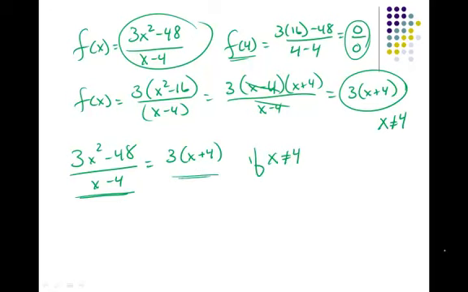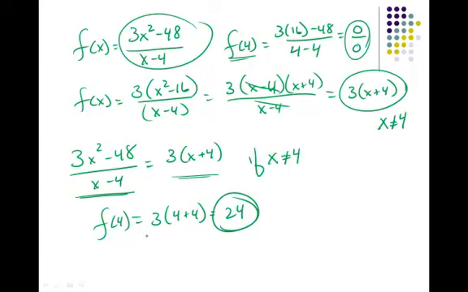For all other values it does. But let's go back to our evaluating at 4. If we take our second function and evaluate it at 4, we can get a value, and we get 24. This number is actually the limit of the original function.